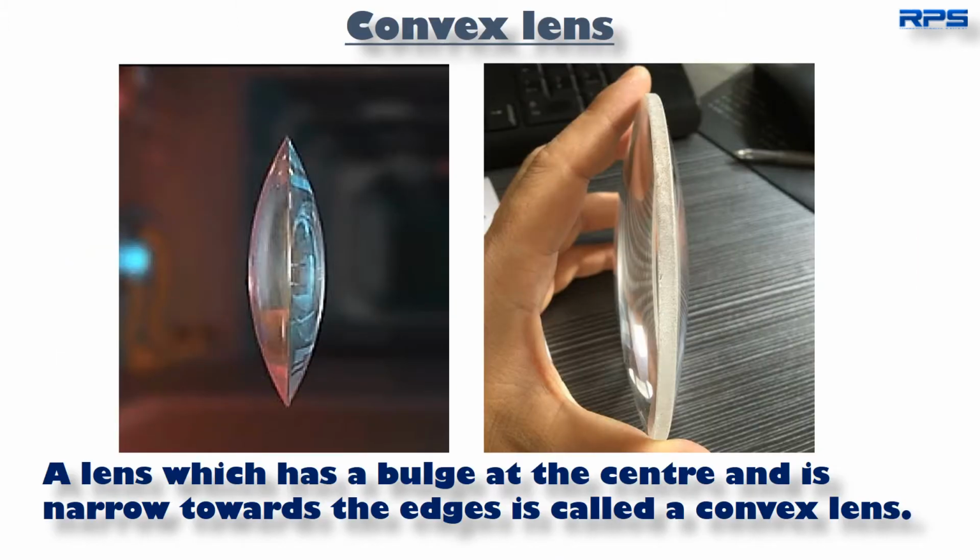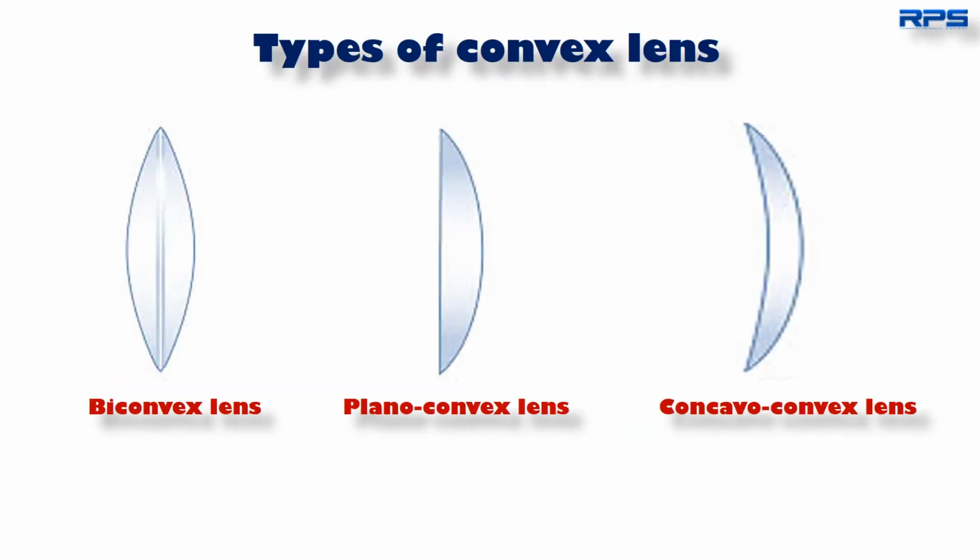Convex lens. A lens which has a bulge at the center and is narrow towards the edges is called a convex lens. Based on the structure of the two surfaces, convex lenses may be of the following types. Biconvex lens that has two outward curved surfaces.